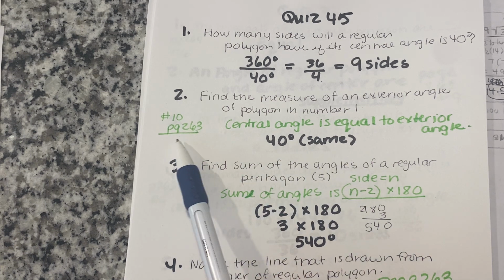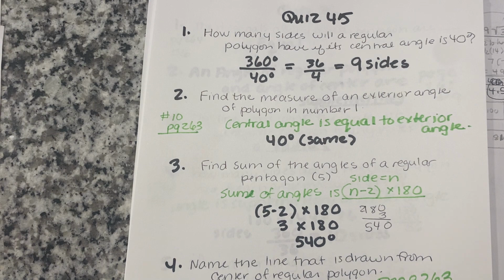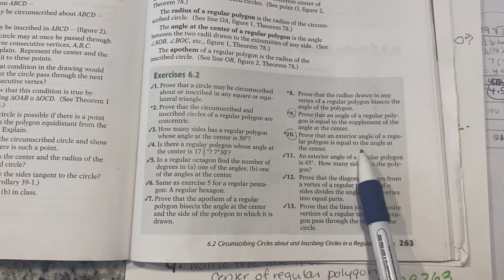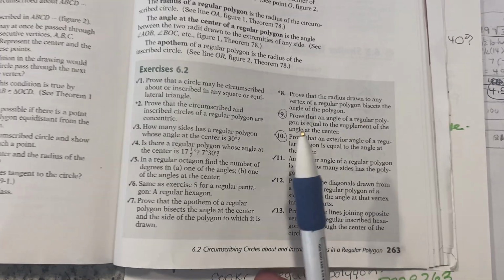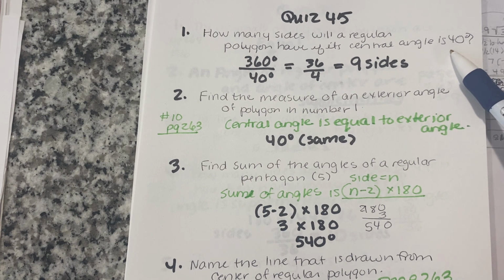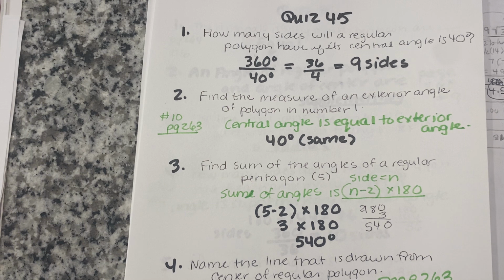This is on page 263, the one I just showed you. In fact, let's look at it again. Exterior angle of a regular polygon is equal to the angle at the center. So now we know that 40 degrees is going to be the same as an exterior angle. Now, if it was just a regular angle, it'd be supplementary to it, okay?